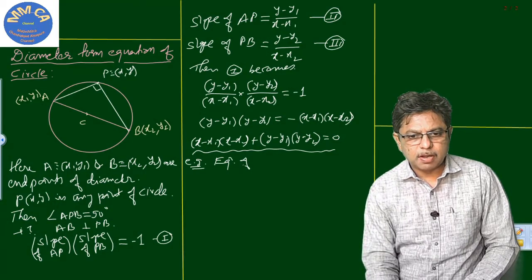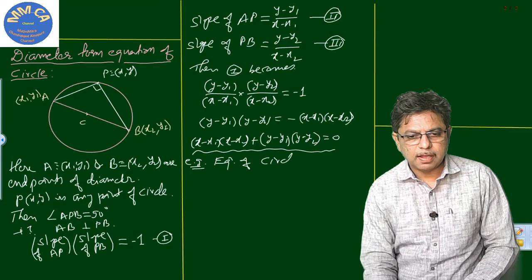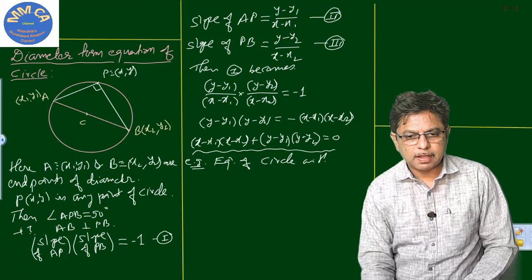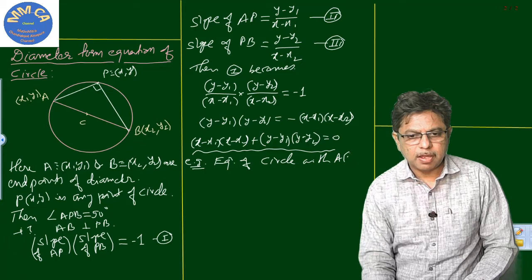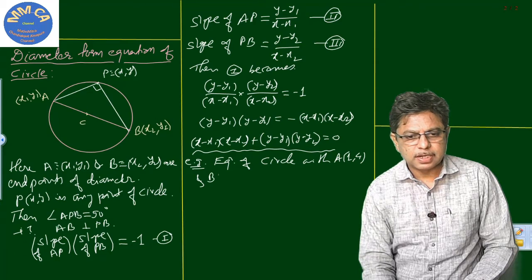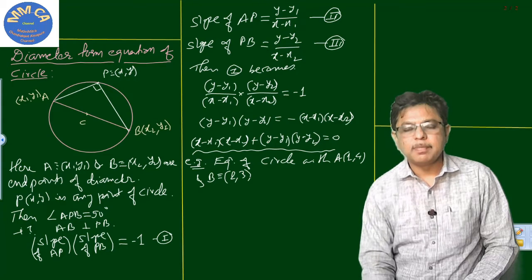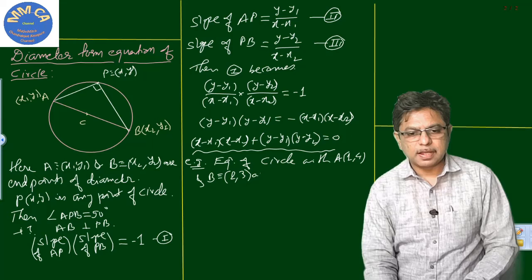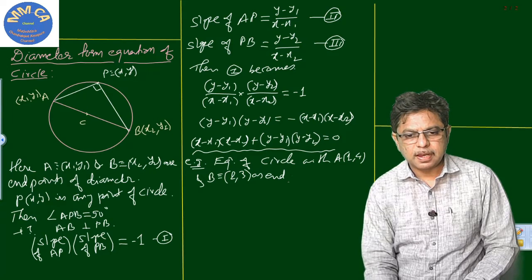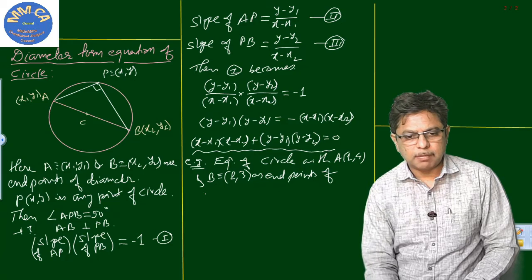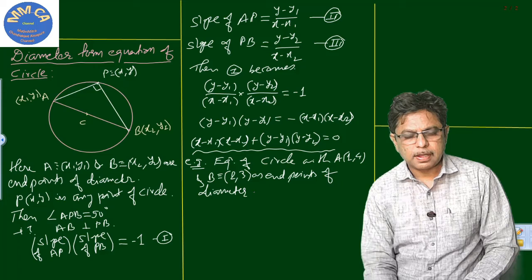Find the equation of the circle with A (1, 4) and another point B (2, 3) as endpoints of the diameter.